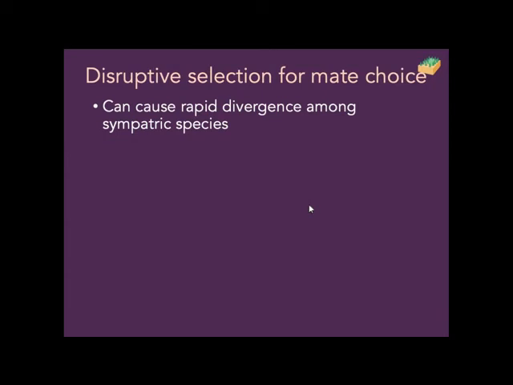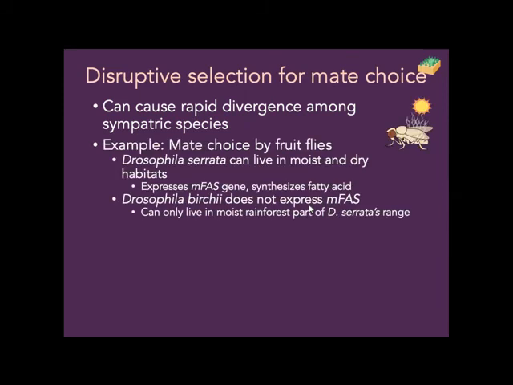All right. You can also have disruptive selection for mate choice, and this can cause rapid divergence among sympatric species. So, for example, fruit flies have strong mate choice. There's a fly that I do research on called Drosophila serrata, and they can live in both moist and dry habitats, and they express a particular gene called MFAS that causes them to synthesize a fatty acid that helps coat their outsides and keep them from drying out.